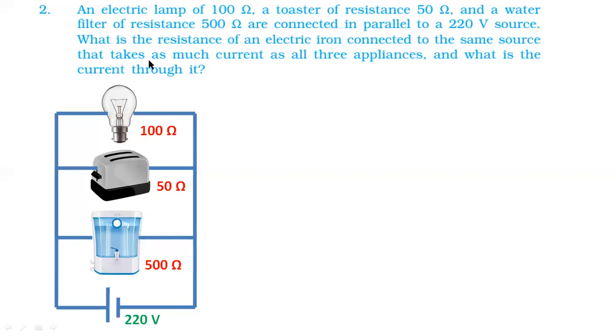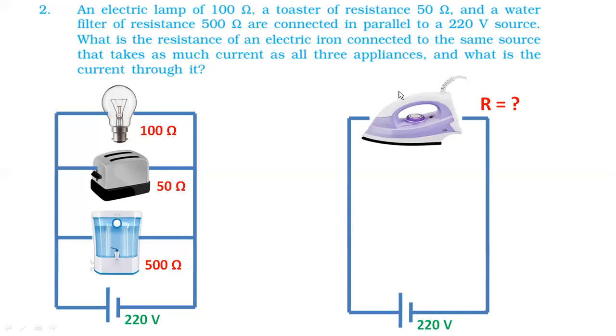And they are asking us to calculate this current. The resistance of the electric iron they are asking us to calculate, and they are also asking us to calculate the current. So let me show that in another diagram. So this is the electric iron they are saying. They said it is connected to the same source, that is 220 volts. So I have already connected that.